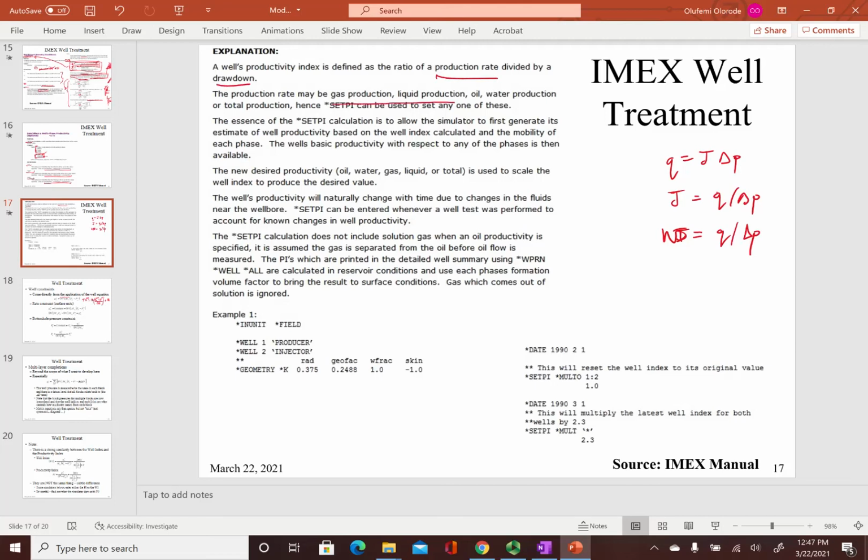And so we can have it for the different phases, which is why we can have the set productivity index keyword for any of those three phases. You can also have it for the total production. And the main thing is to be able to honor well index calculated from well testing, like I said earlier. It basically scales whatever productivity index is calculated from the simulator to match whatever value you provide.